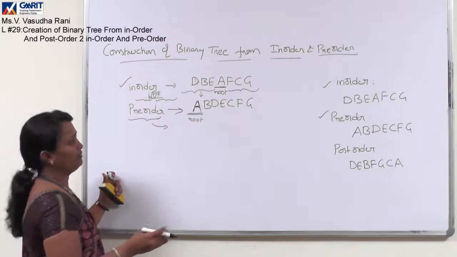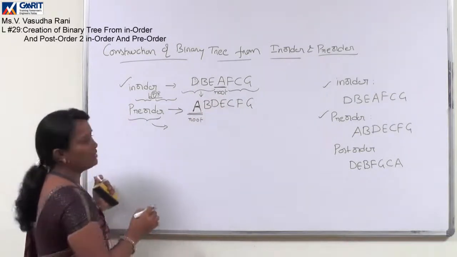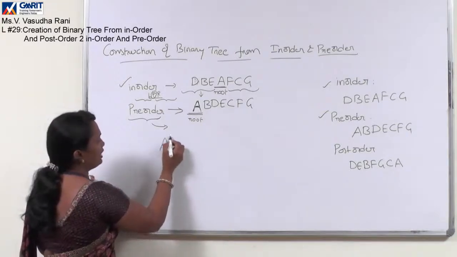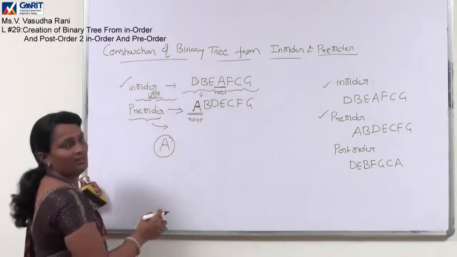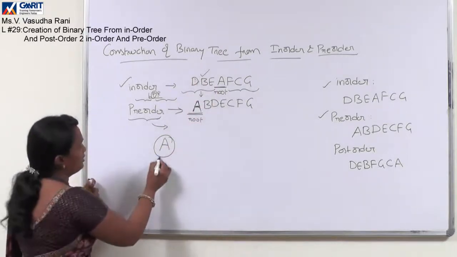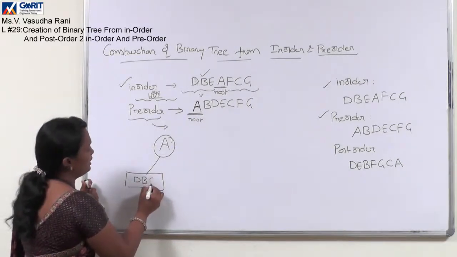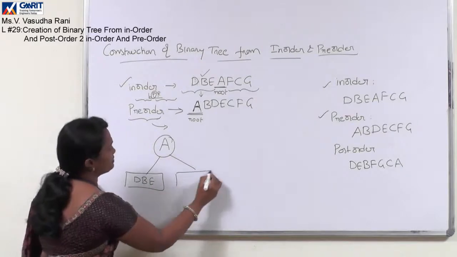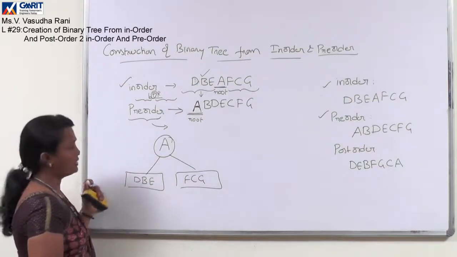So as we have identified the root node, let us put that node in the binary tree. A is our parent. Following the in-order traversal, we got the sequence for the left subtree, DBE as the left sequence and FCG as the right sequence.